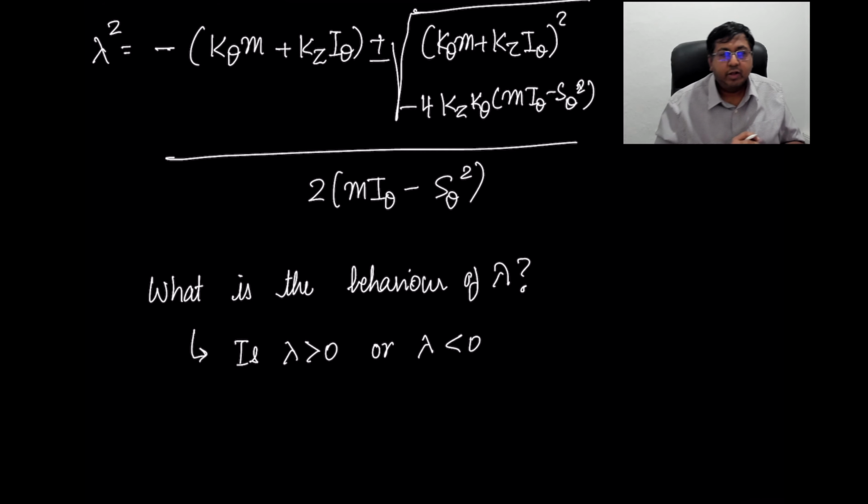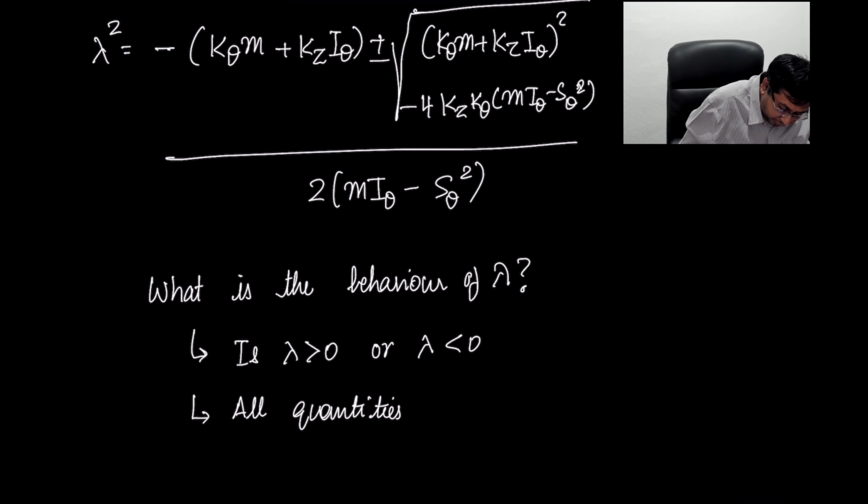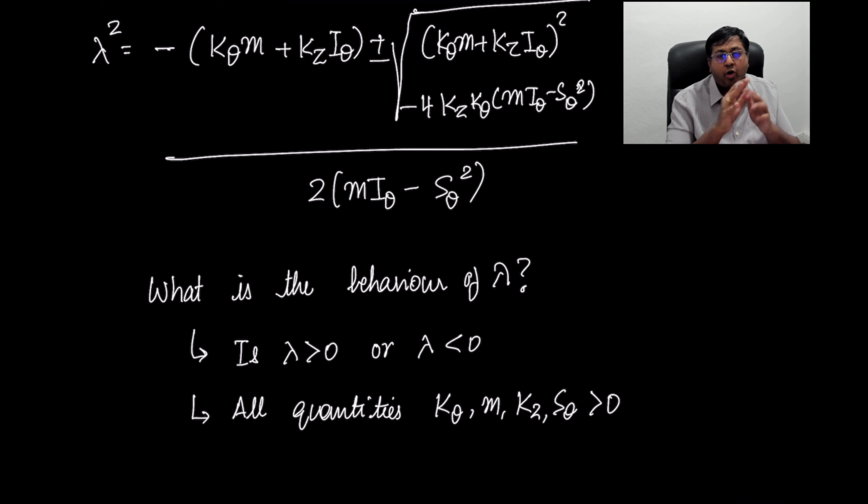One thing we know is that all the quantities k theta, m, kz, s theta are greater than 0. We know all these terms that make up this solution for lambda are greater than 0 individually, but this doesn't tell us if lambda itself is greater than 0 or less than 0.